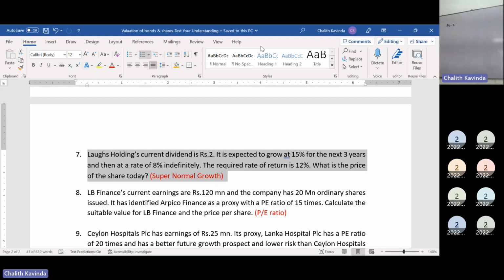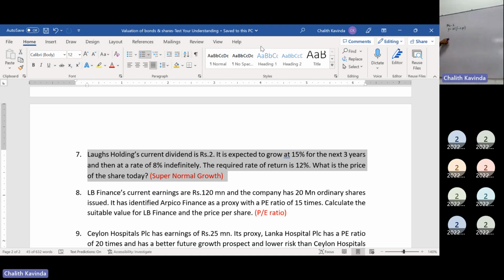The growth rate of the dividend is 15% for the next 3 years.